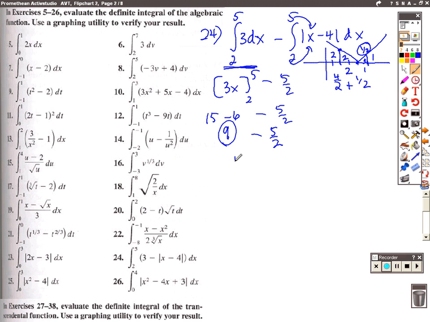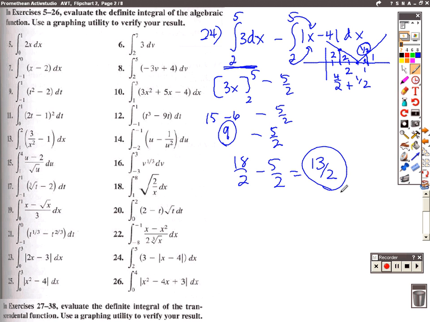So it would be 18 halves minus 5 halves, which would be 13 halves. I just want to look back and make sure I did that right. 5 minus 4 is 1. Absolute value of 1 is 1. So it is a 1 by 1, and half of 1 times 1 is 1/2. Okay, so that's how I would handle that problem.